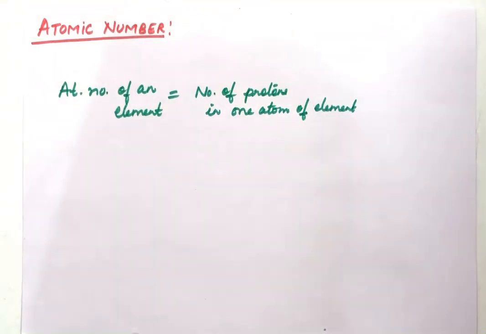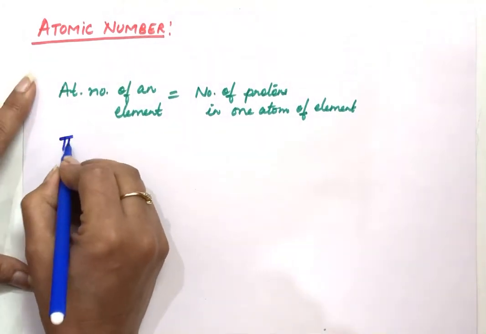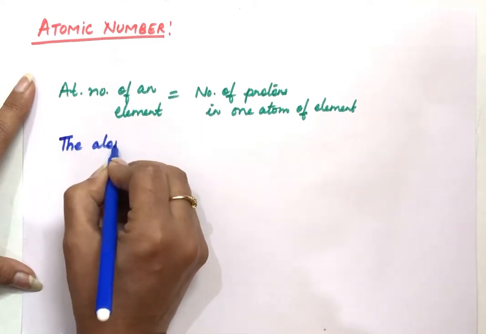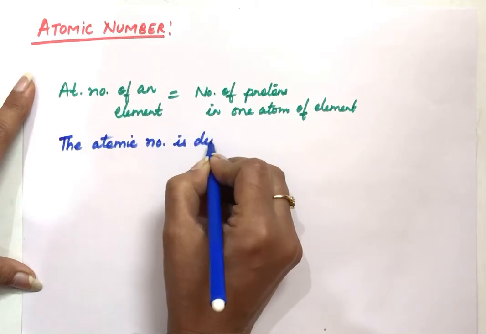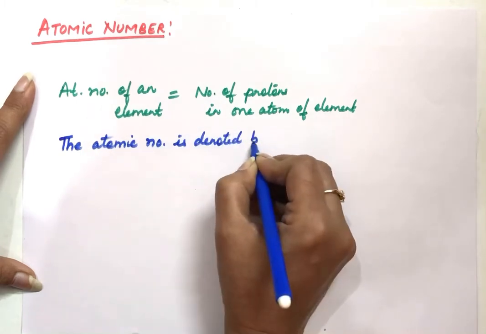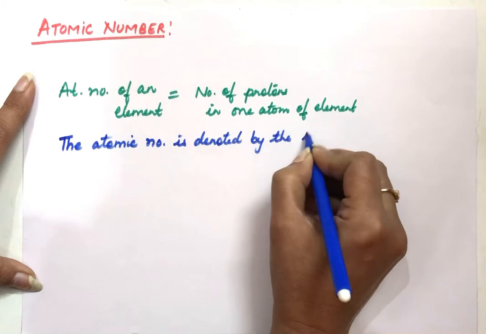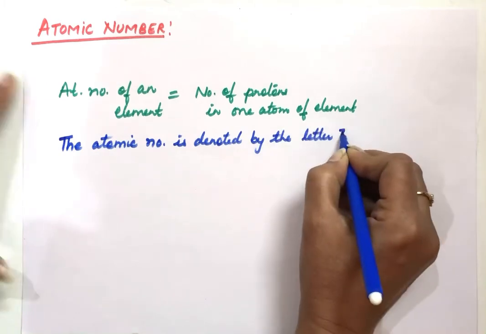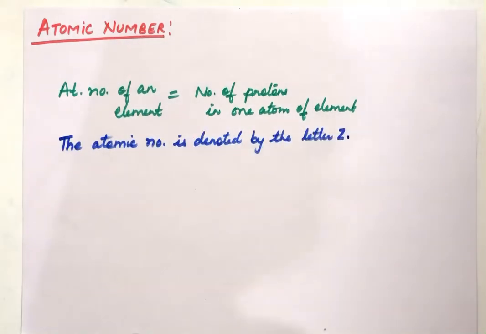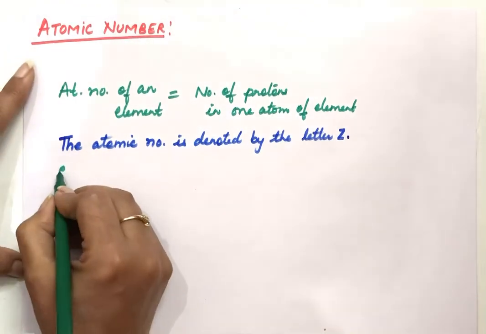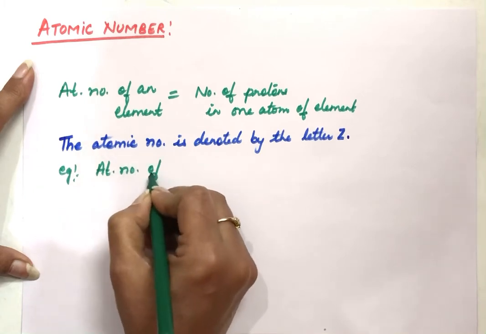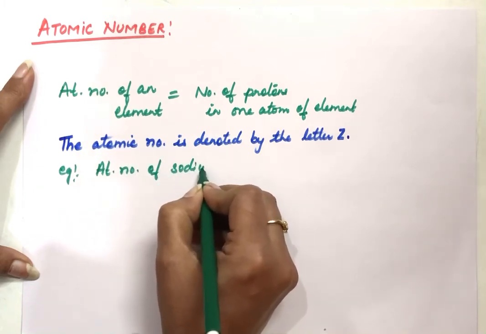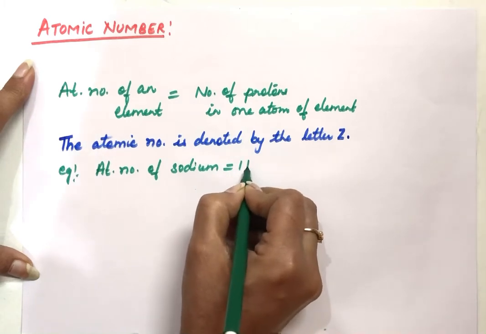And atomic number is denoted by the letter Z. For example, if I take atomic number of sodium, atomic number of sodium is equal to 11 because there are 11 protons in sodium.